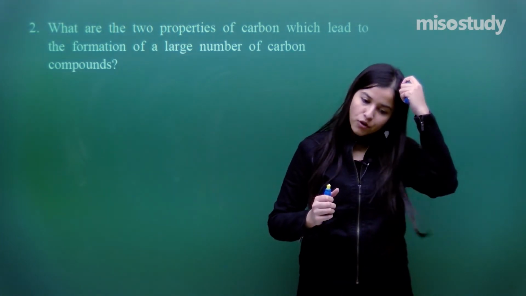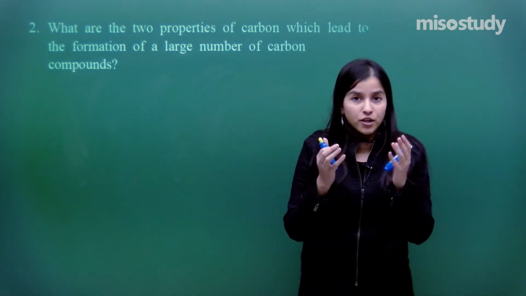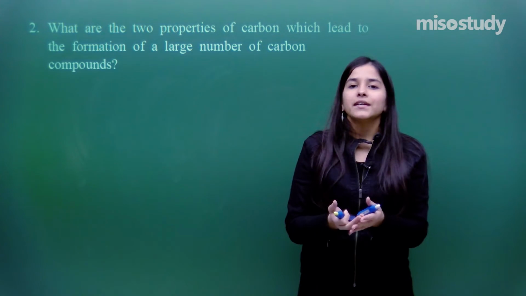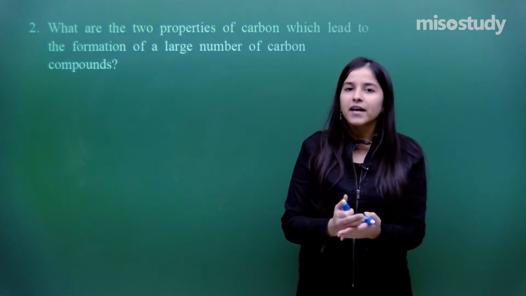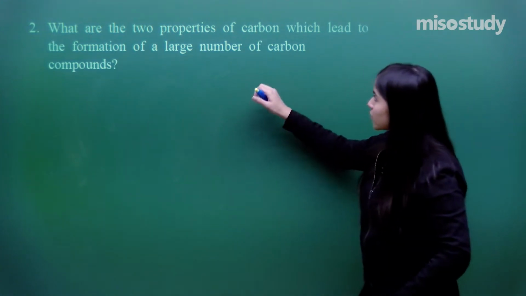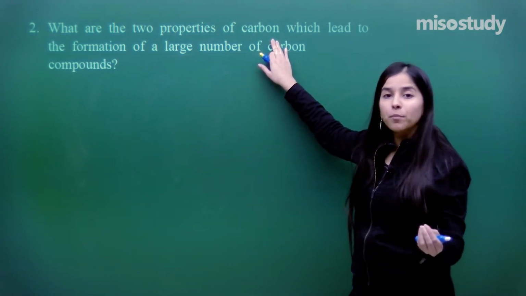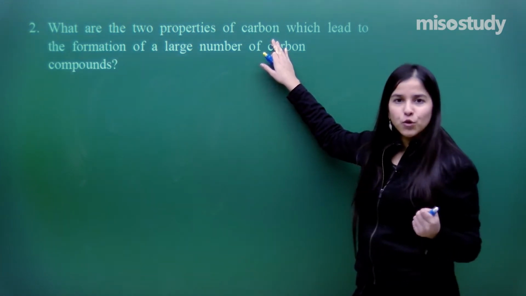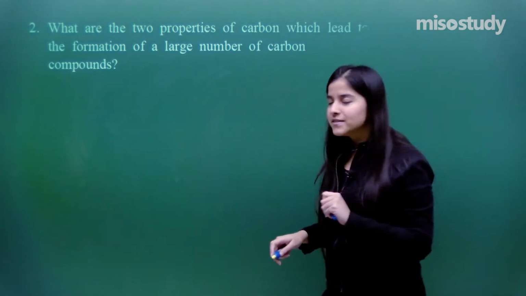If I talk about organic compounds, that means living organisms, human beings, your body, my body, everyone around us which is living, including plants and animals. So why is carbon so versatile? What kind of property will it be showing so that it leads to the formation of so many compounds? First of all, it has got 4 valencies.